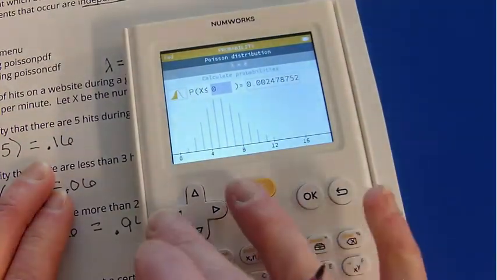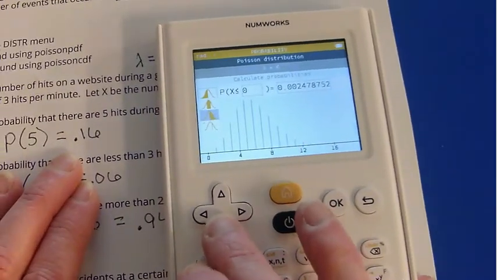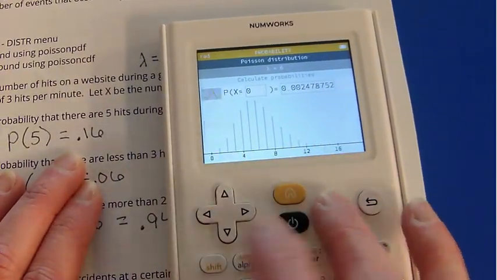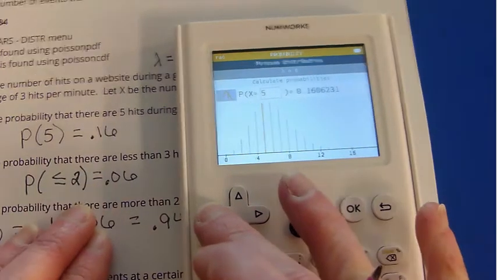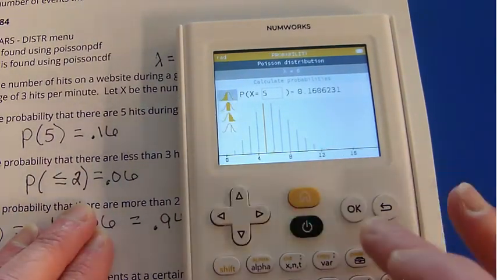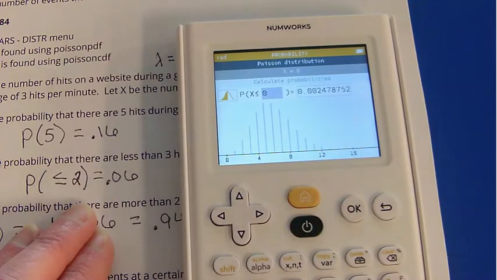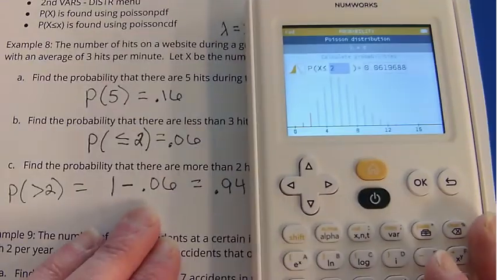And in the notes, we wanted to find the probability of being exactly 5. So that's the option at the bottom, being exactly a value. Exactly 5 is 0.16. Less than or equal to 2 would be the less than 2, 0.06.